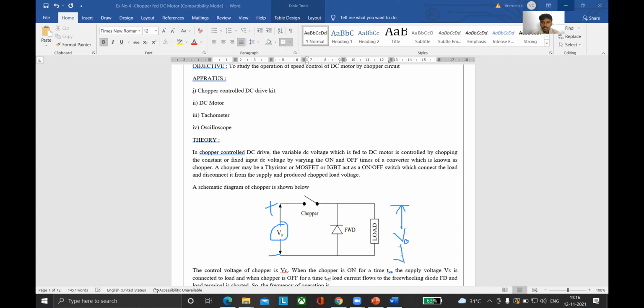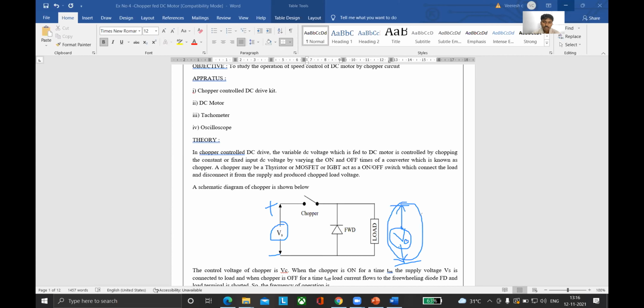This variable voltage is given to the armature terminals and field terminals of the motor circuit. Whenever this voltage is controlled, automatically the speed of the DC motor is also controlled.